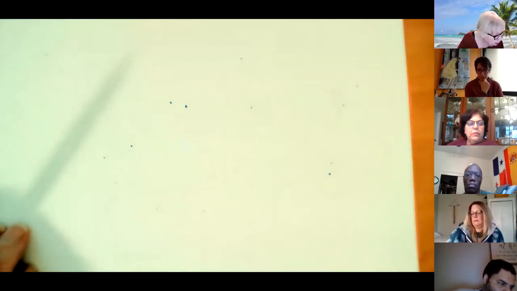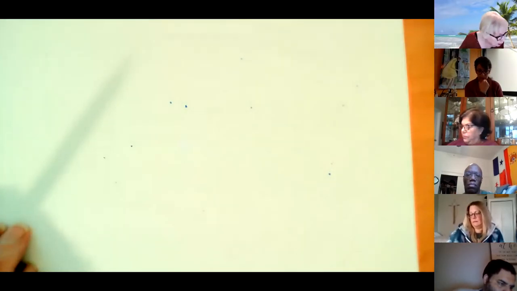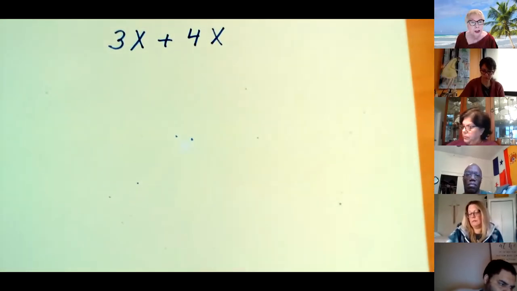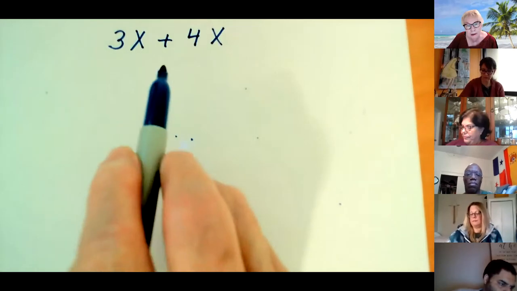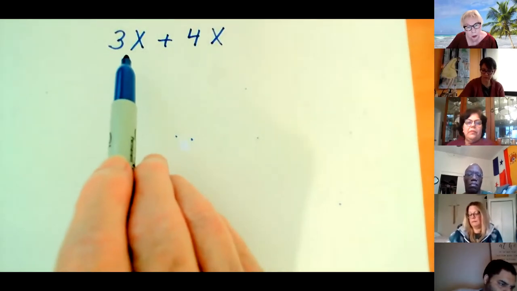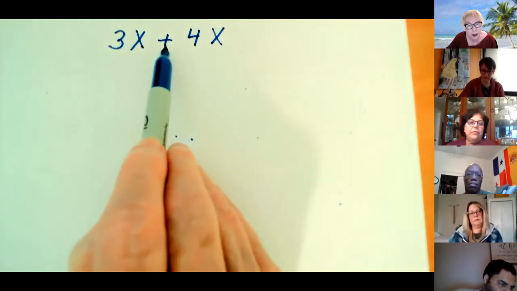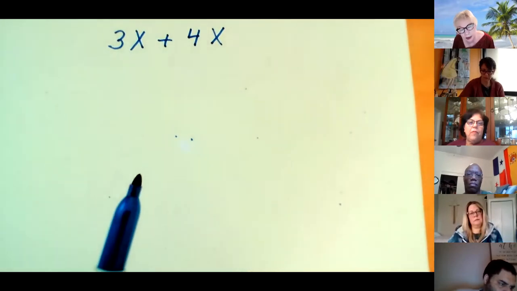Now, another thing they wanted you to realize is that if you had 2 terms, what we've been saying from the very beginning of this course is that if you want to add, you must have like things.